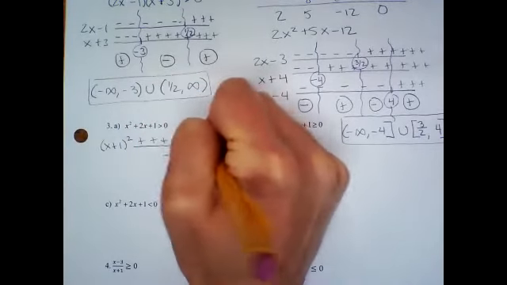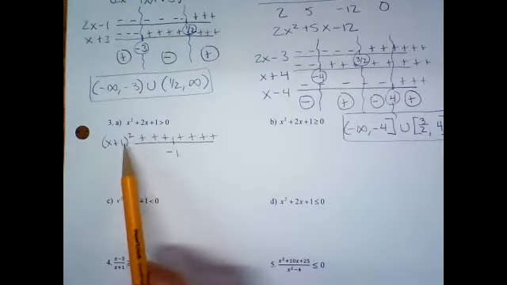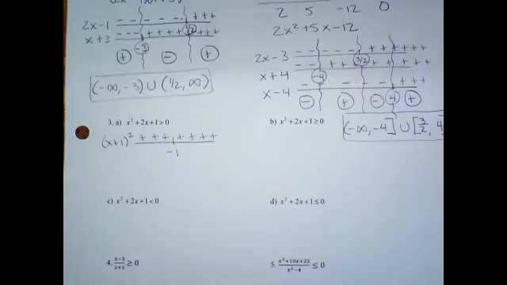So it's plus the whole way across. So it's positive everywhere except -1, because it's 0 at -1. Does that make sense? It's neither positive nor negative because it's 0. So when this says greater than 0, it's greater than 0 everywhere except -1.